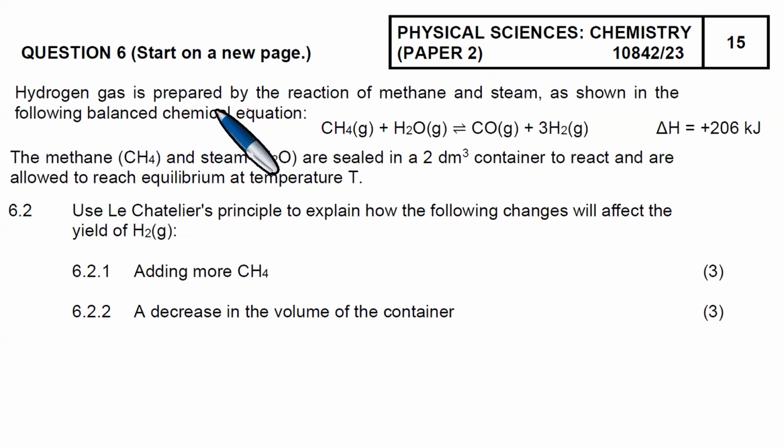Hydrogen gas is prepared by the reaction of methane and steam. This is a chemical equation. In this chemical equation, what are we preparing? We are preparing hydrogen gas. To produce hydrogen gas, we conduct a chemical reaction of methane and steam, as shown in the following balanced chemical equation.